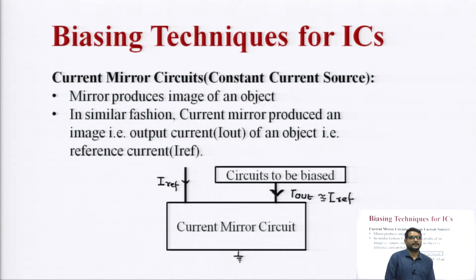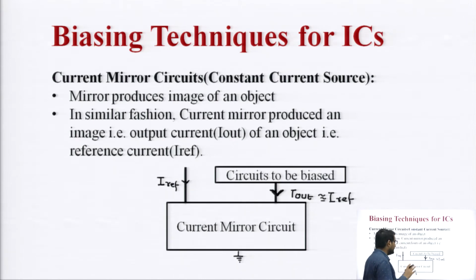What is the current mirror? A mirror produces an image of an object. In similar fashion, a current mirror produces an output current, I out, as we see in the circuit, of an object, that is the reference current I reference.